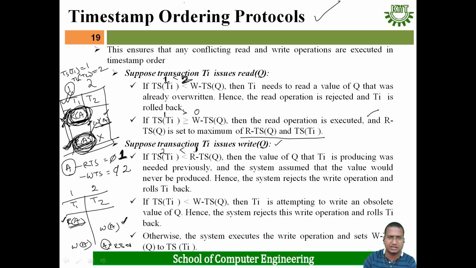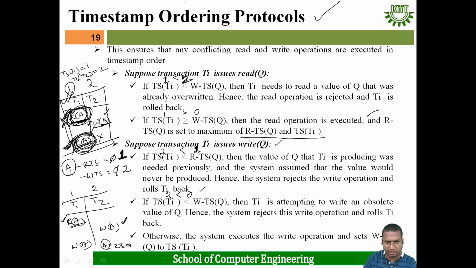Is 2 less than 1? Is it true? No. Then, is TS of Ti less than the write timestamp of Q? That is 2 less than the write timestamp of Q, which is initially 0. 2 is less than 0, this is also not true.